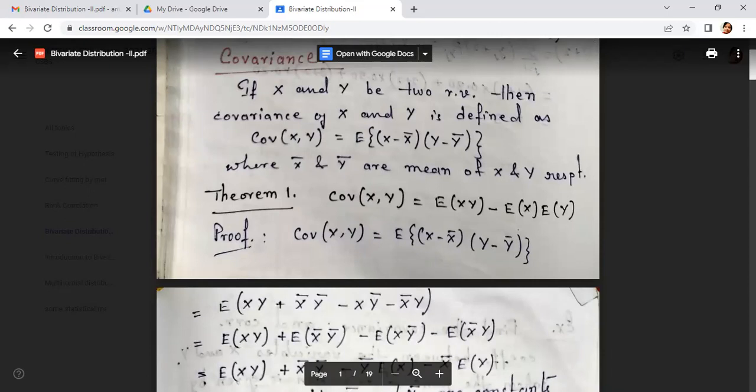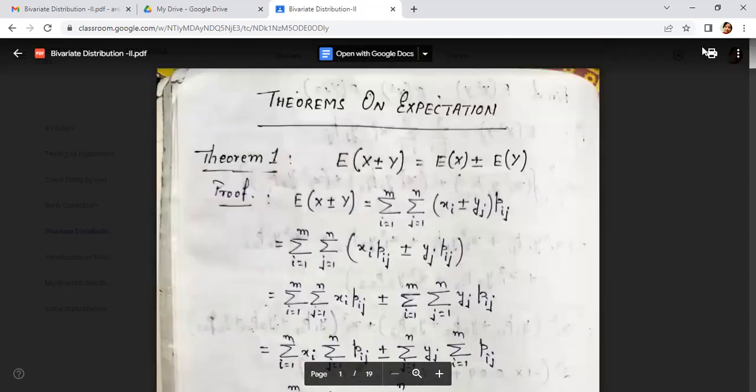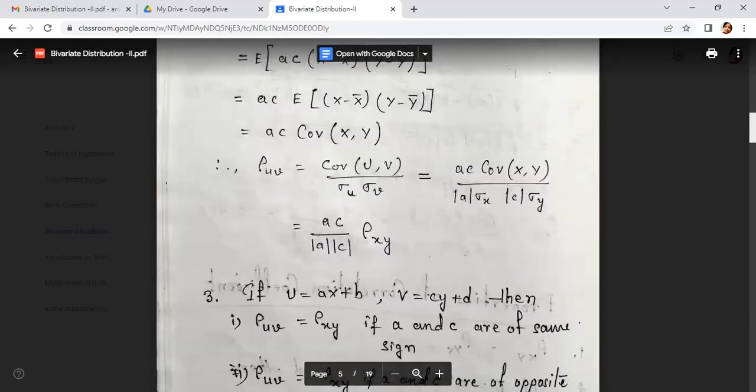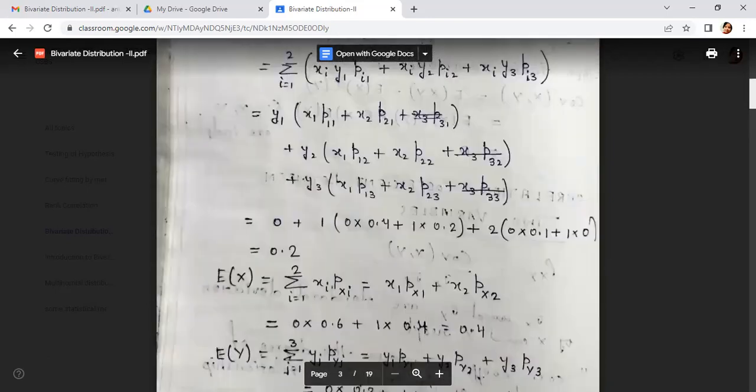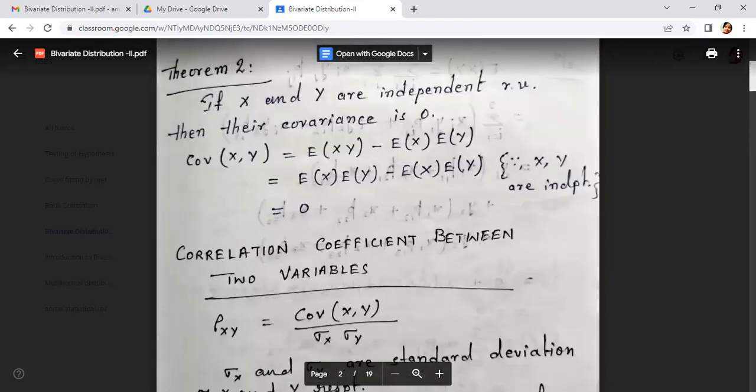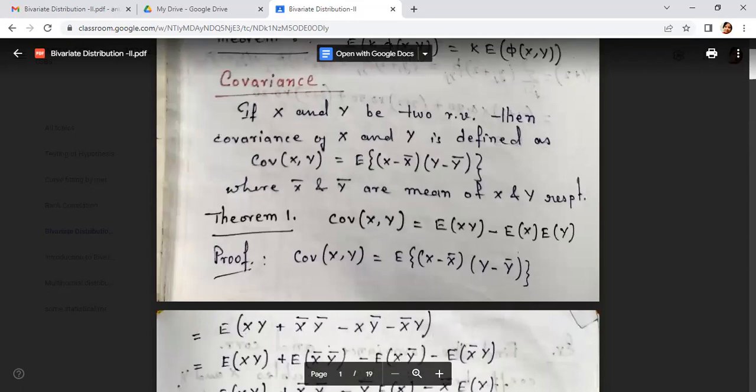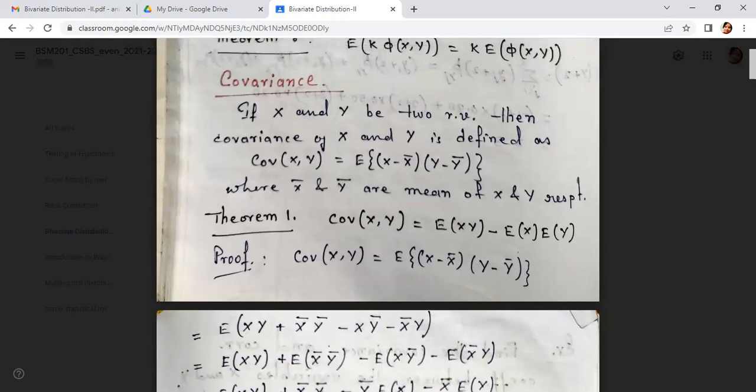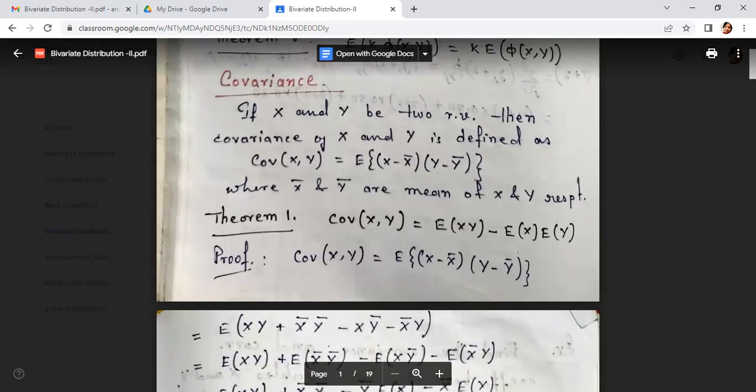Covariance of xy equals the expectation of (x minus x bar) into (y minus y bar), where x bar and y bar are the means of the random variables x and y respectively. In the modified form, we can write the covariance as covariance of xy equals expectation of xy minus E(x)E(y). The proof is given over there. We can go through that.